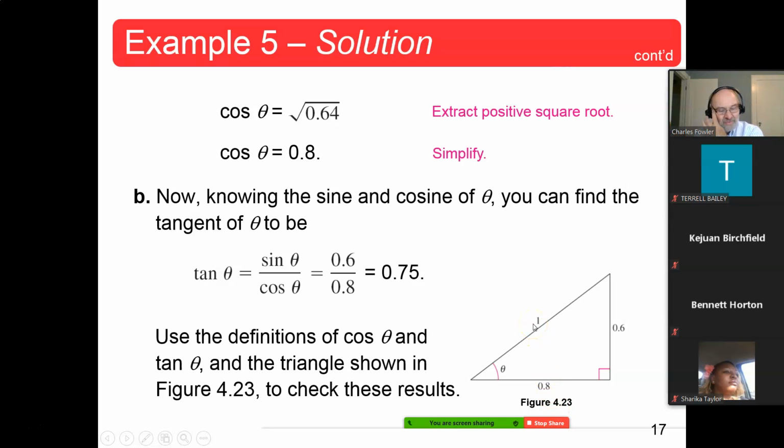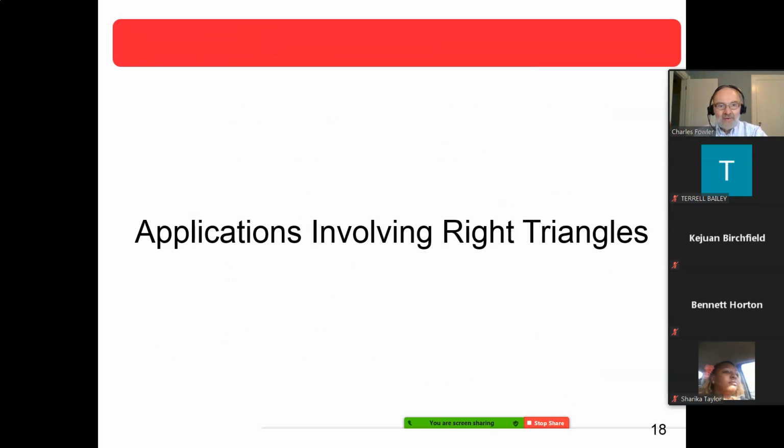Just multiply each of those by 1. 3, 4, 5 works to me a lot better than 0.6, 0.8, 1. Okay, but whatever. That works too. All right. That was example 5.